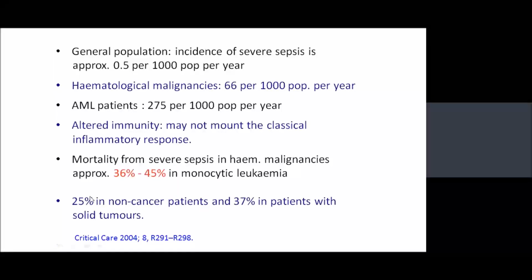Okay, so if you look at the incidence of sepsis, in the general population, severe sepsis is seen at about 0.5 per thousand. In hematological malignancies, it goes up to about 66 per thousand, so about 6%. If you take AML patients specifically, they are much higher, right? 275 per thousand population per year.